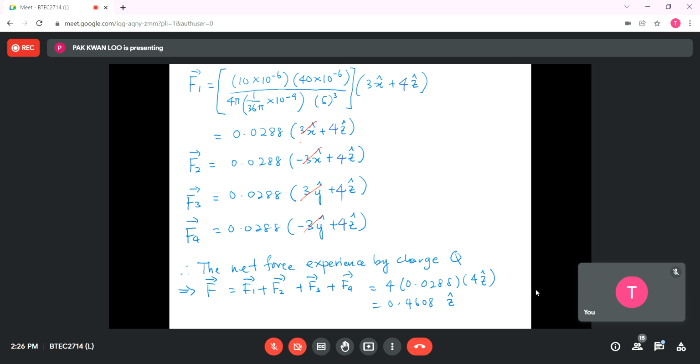If we recognize the symmetrical charge distribution, the calculation of the forces will be much easier.